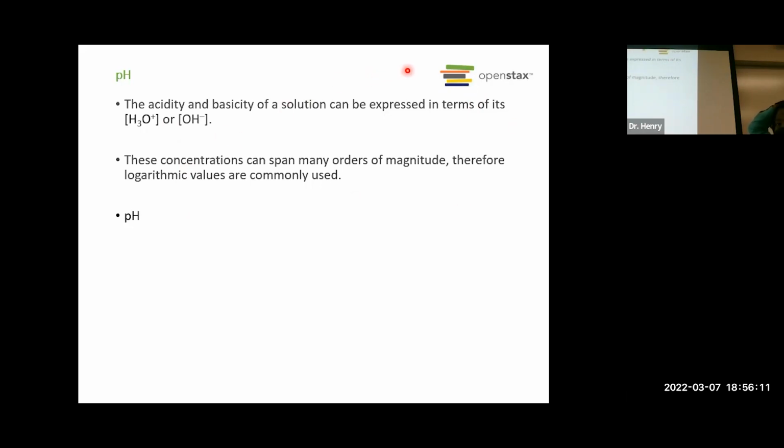And so that's how we get pH. So we get pH equals minus log of the concentration of hydronium ion.